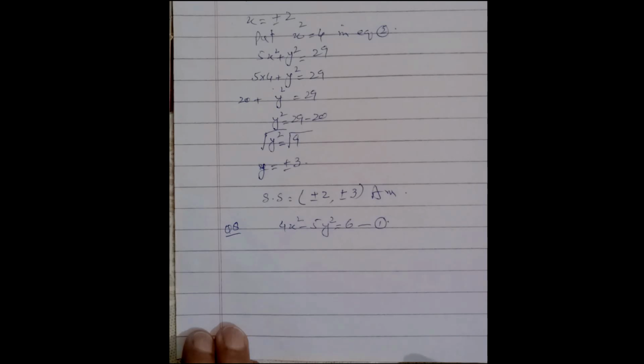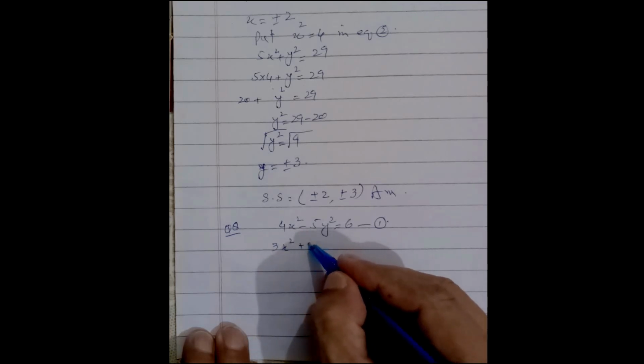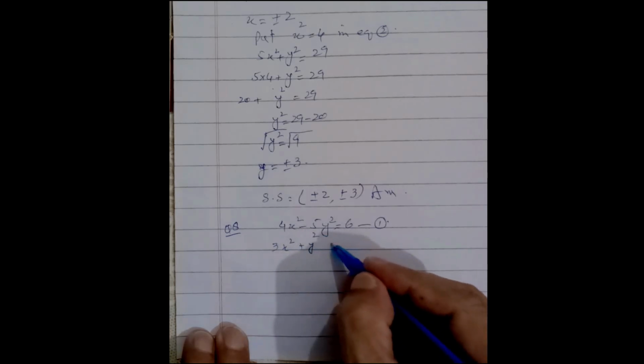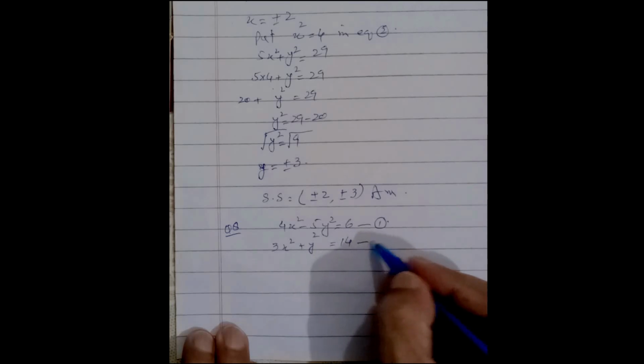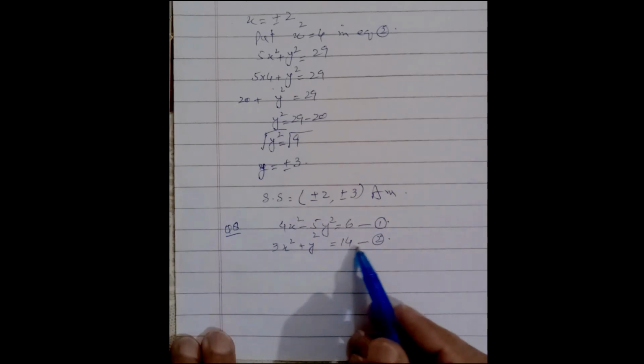And the other equation is 3x square plus y square is equal to 40. Equation 2. Now we solve this by multiplying equation 2 by 5.